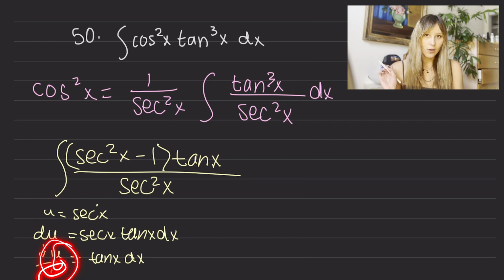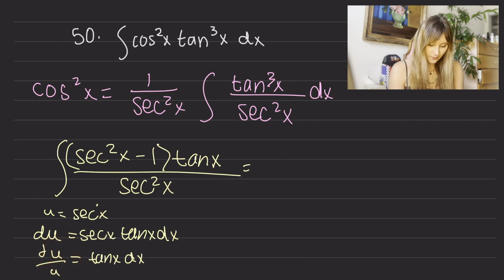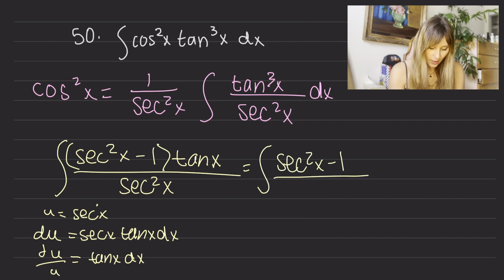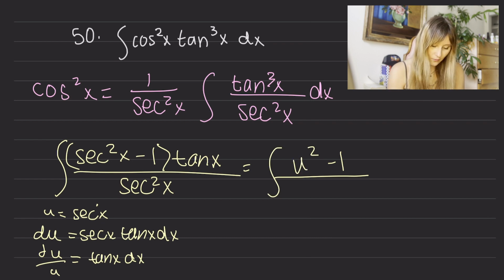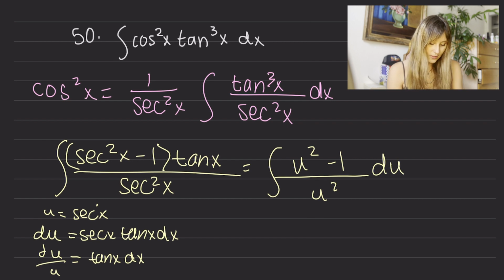Since secant is u, we just put the u down here. Let's move on. We get secant squared x minus 1 over secant squared x. So we get u squared minus 1 over u squared, du over u.